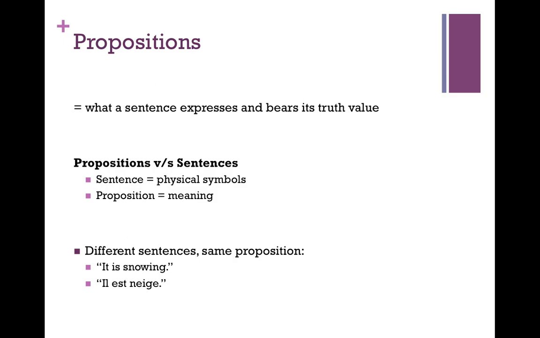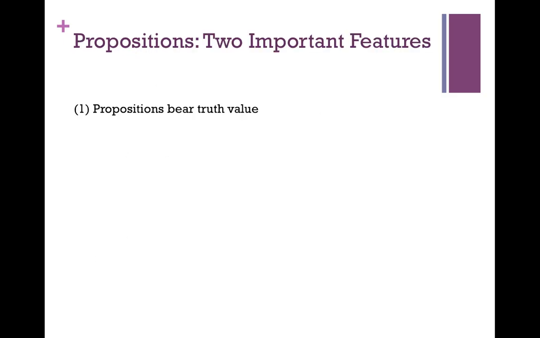Now, as I said in the first lecture in which we talked about propositions a few weeks ago, propositions bear truth value. What this basically comes to is that propositions are either true or they are false. There's going to be one truth value or the other. Now, as it turns out, some propositions are just eternally true. They're always going to be true.